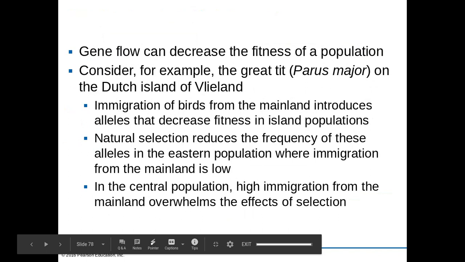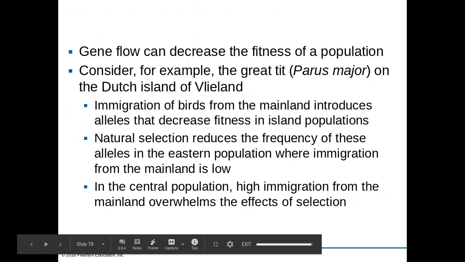So, for example, there's a bird, the Parus major, on the Dutch island of Vlieland. And when birds immigrated from the mainland, they would bring alleles that decreased fitness in island populations.